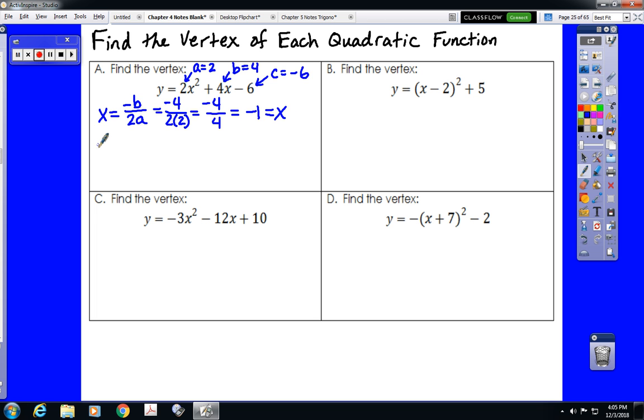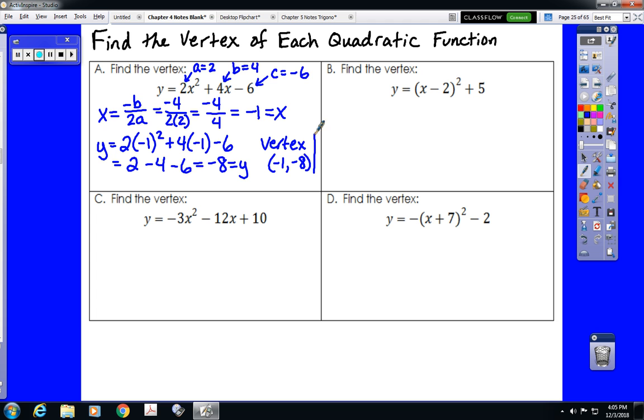As for the y value, well, we simply plug that x value, negative 1, into the original equation for every x, and we evaluate. So that would be 2 minus 4 minus 6, which would be negative 8. So my vertex is located at the point negative 1, negative 8.